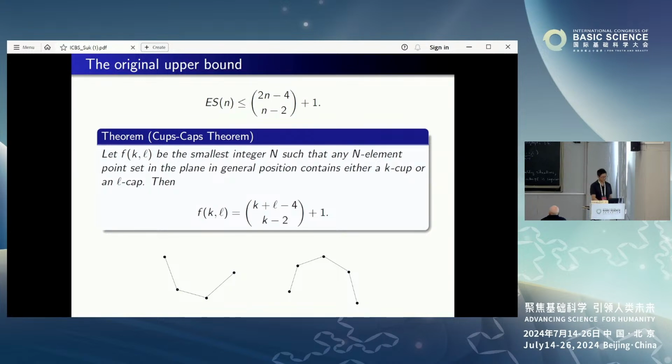The rest of my talk is about this. The theorem says that after big N points, someone either finds a k-cup or an l-cap. Now, if you simply substitute little n for both k and l, you get the 2 to the n minus 2 plus 1 upper bound for ES.